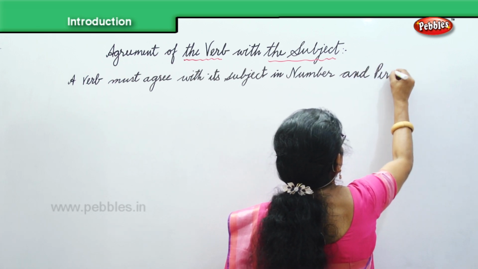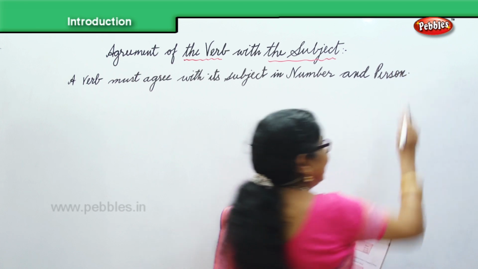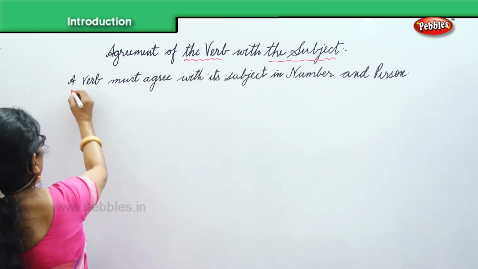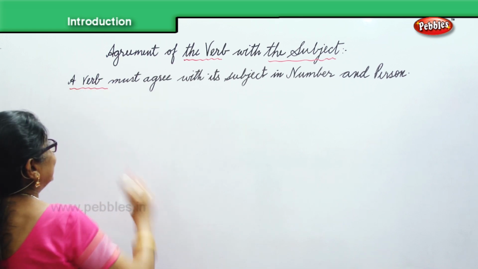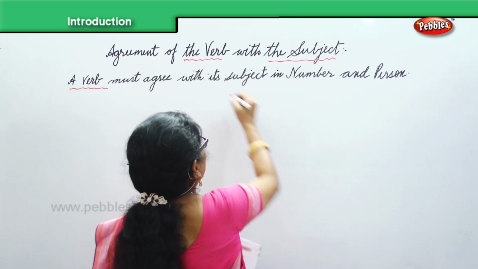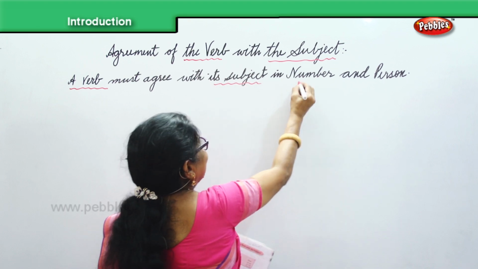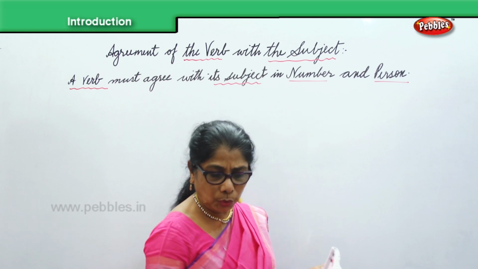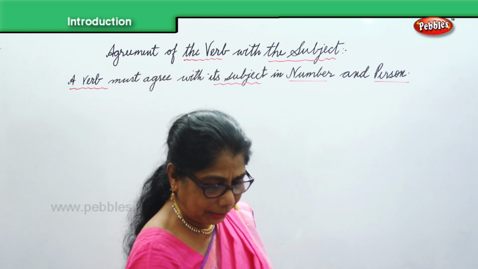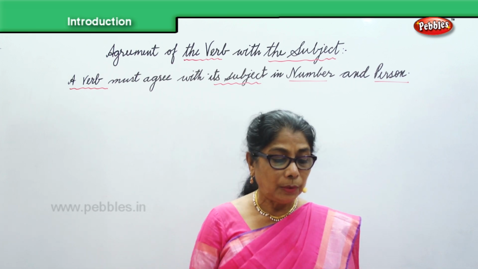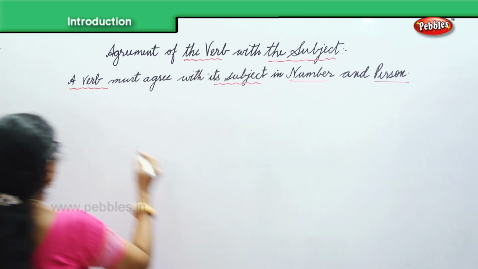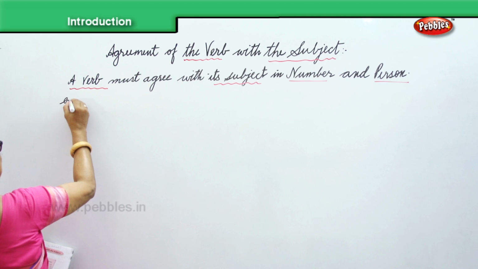Now let us look at this very carefully. We are looking at the verb agreement. The verb must agree with the subject in number and person. We have to look at that very, very carefully. Now, we have examples of first, second, and third person. Let's look at some examples.